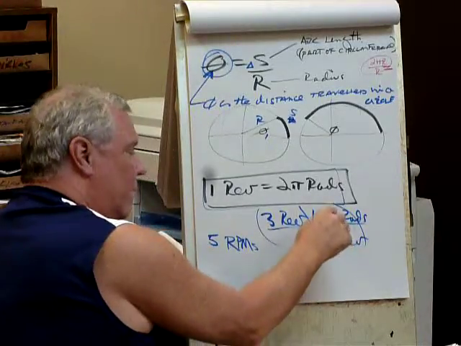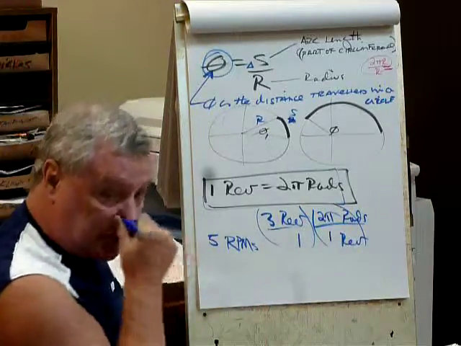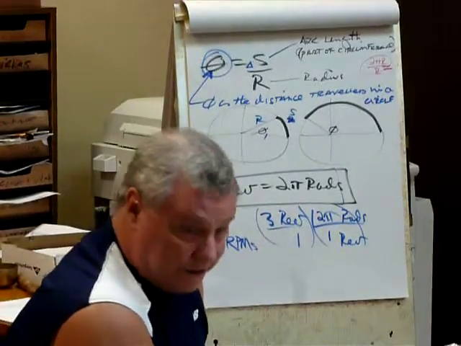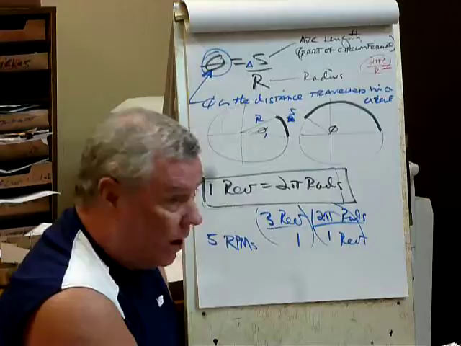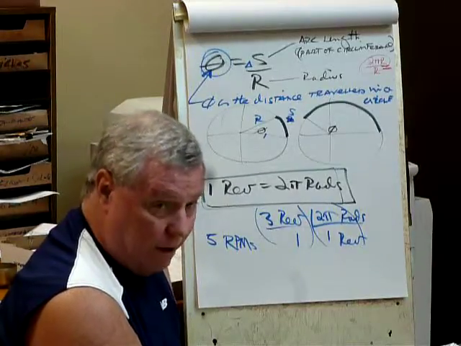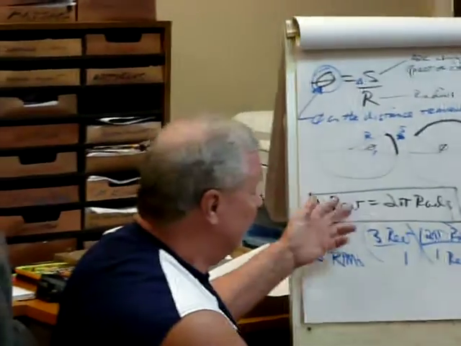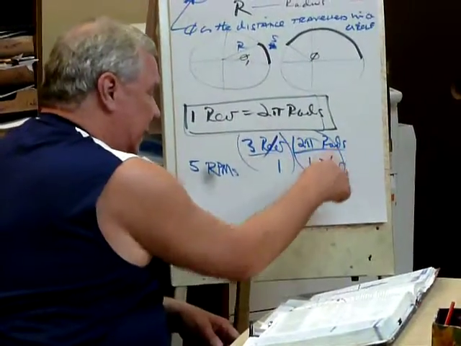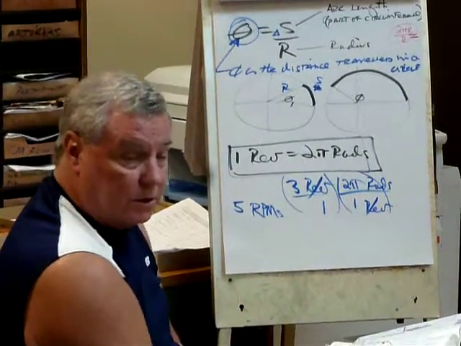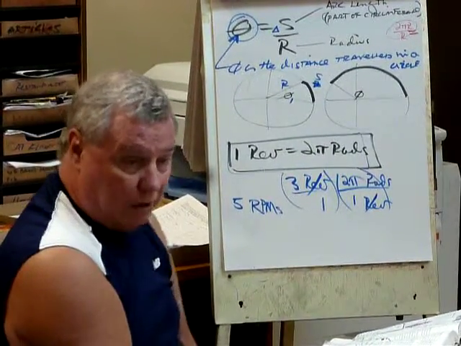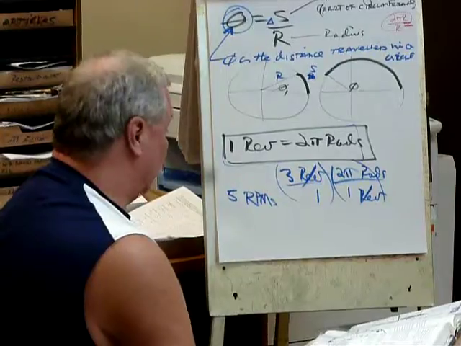And we get 1 for the rev and 2 pi for the rads. So guys, everything's in rads in this chapter. If you're not doing rads, you're not rad. Your answers will not turn out to be correct. So don't do degrees, don't do revolutions, do rads. And you can see the revs cancel and you get 6 pi rads. So whenever you go from revs to rads, you'll always have pi in the sky driving along with you.